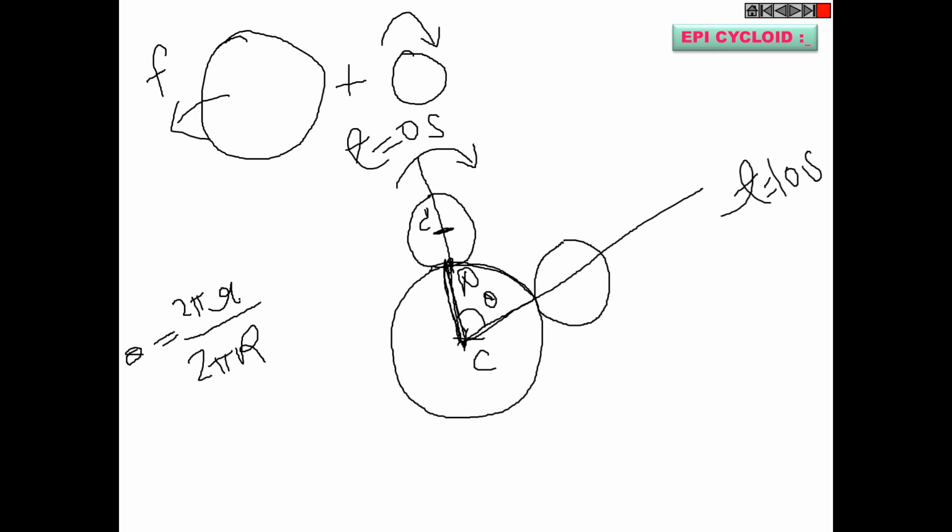Since the smaller circle is rotating for one complete rotation, that means 360 degrees, multiply this ratio with 360 degrees and you will get the value of theta. 2 pi cancels, and finally theta becomes small r by capital R into 360 degrees, or theta is equal to small d by capital D into 360 degrees. So this is the expression by which you first have to calculate theta.